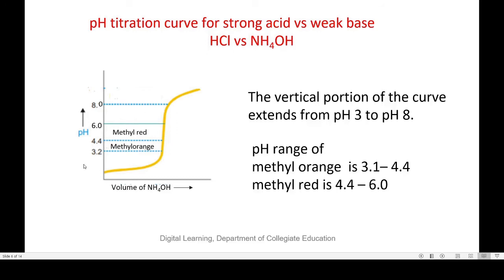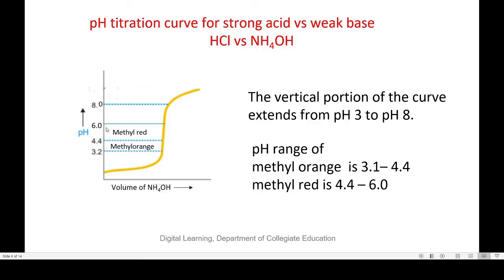The pH range for color change for methyl orange and methyl red falls on this vertical portion of the curve. For methyl orange, it is from 3.2 to 4.4, and for methyl red it is 4.4 to 6, which is in between 3 to 8.